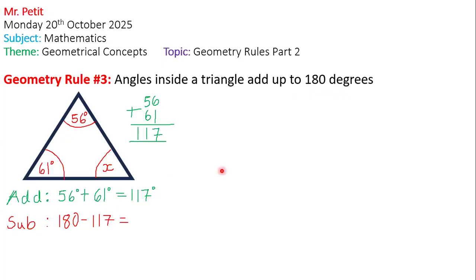That's why we are using 180, class, because the rule literally says angles in a triangle add up to 180 degrees. And so that means let's subtract. So we have 180 minus 117.